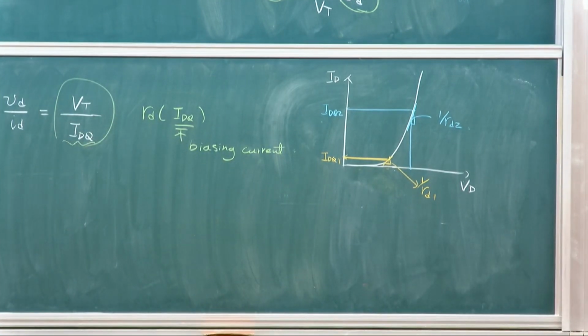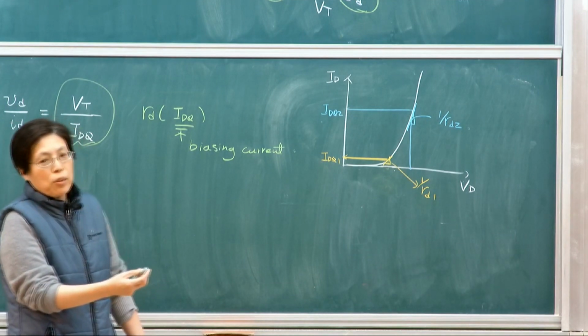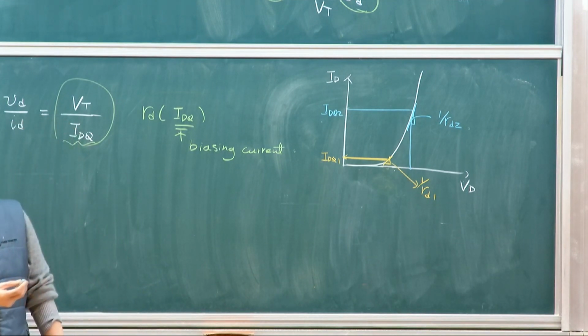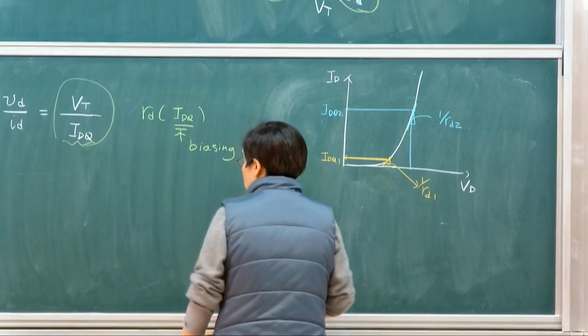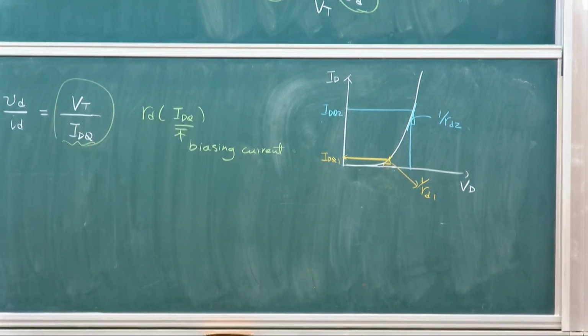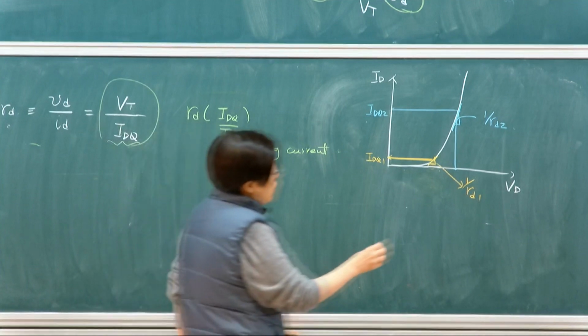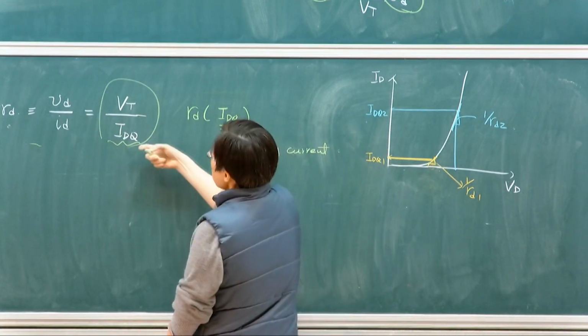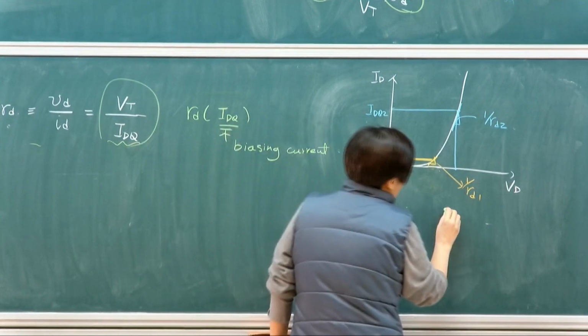So the question is, which one is larger? Which resistance is larger, RD1 or RD2? Which one is larger? Yellow or blue? Yellow, correct. The resistance is larger, because it's inversely proportional to the biasing level.